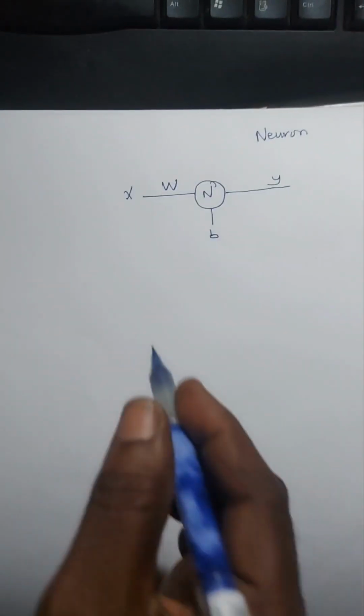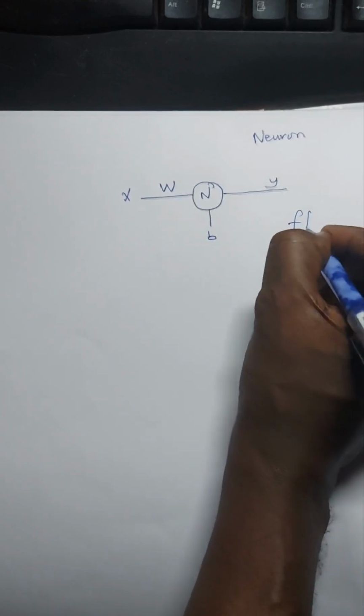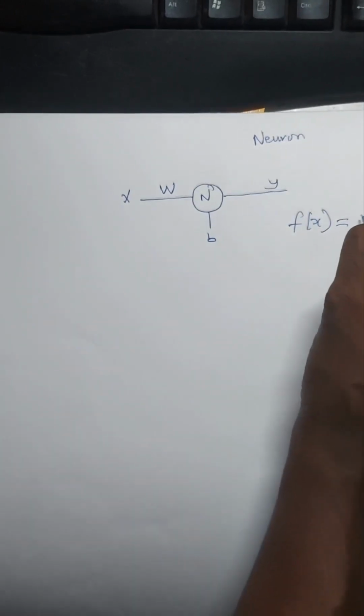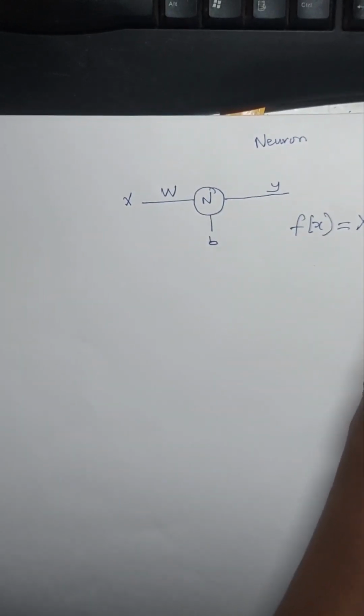Now, let's look at the mathematical function for this. A basic algebra function: Y equals X multiplied by the weight plus the bias.